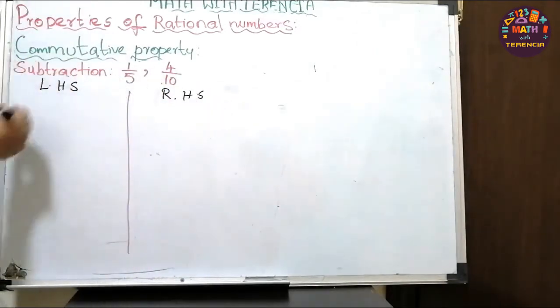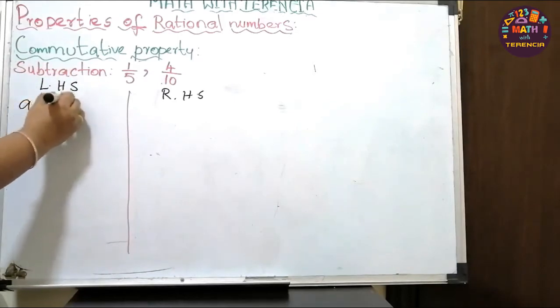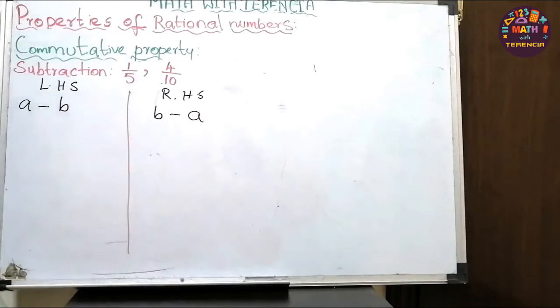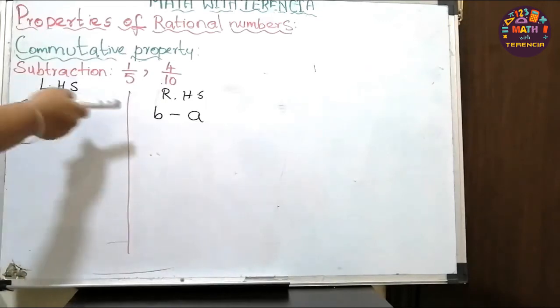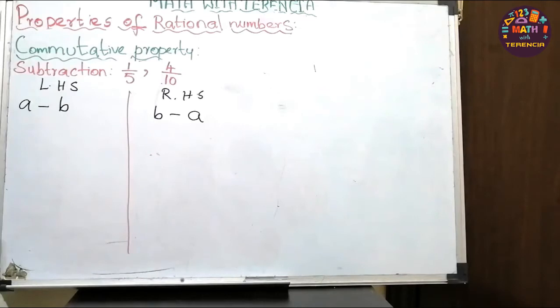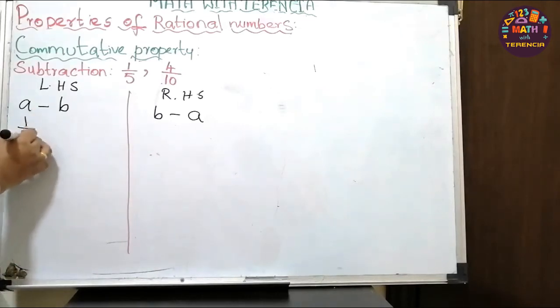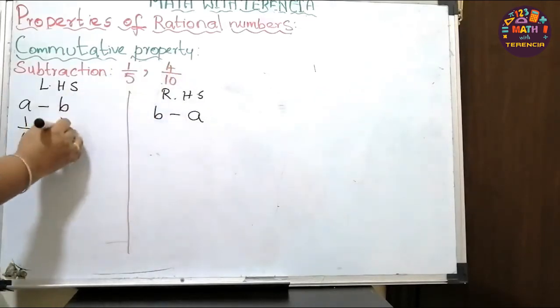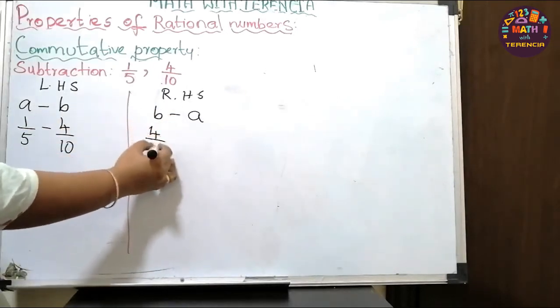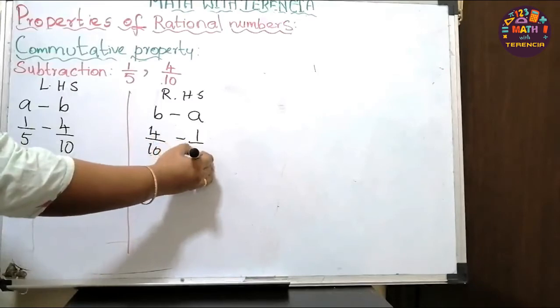So what I have to prove, A minus B is equal to B minus A. I don't know whether it is same or not. Let us check. A minus B and B minus A. What is A here? 1 by 5 minus, what is B here? 4 by 10. And here B is 4 by 10 minus 1 by 5.